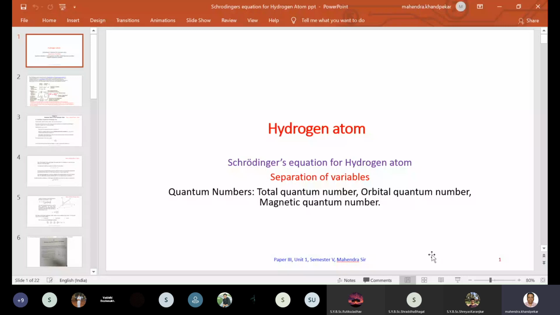So in Schrodinger's equation of hydrogen atom, we are going to study the quantum numbers. That is how, after solving the Schrodinger's equation, we are getting the total quantum number, orbital quantum number, and magnetic quantum number. Of course, to get these numbers, one has to use the method called separation of variables.